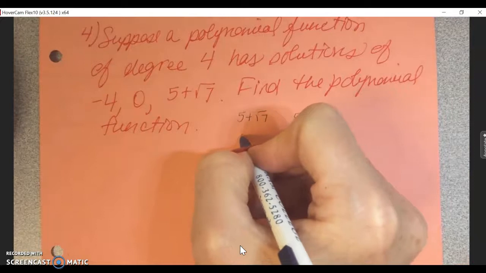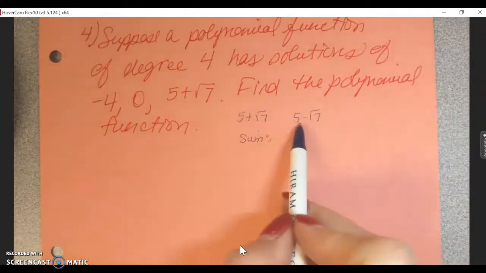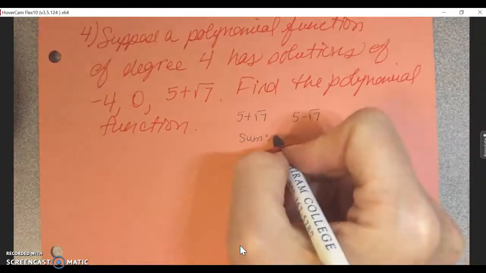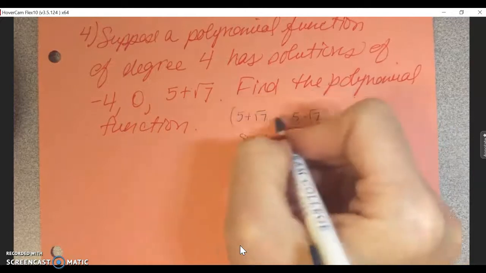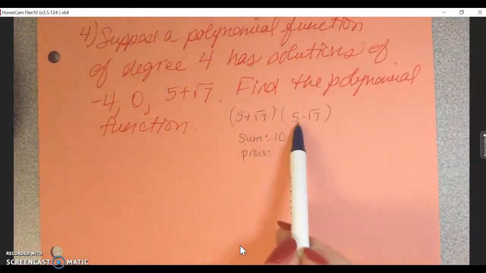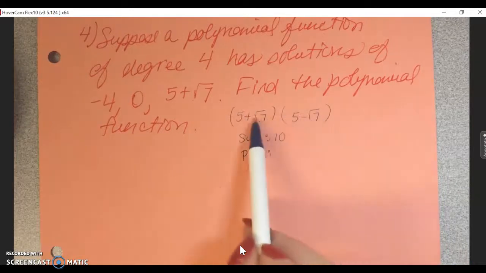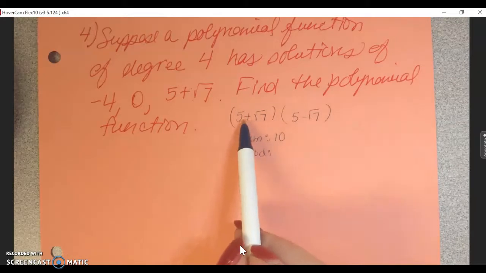And so what is the sum? If I add those two, what are we going to get? 10 is right. Okay, the product, this is a little tougher. We have to FOIL this out. 5 times 5. Now what is always happening to the outers and inners on this? They're canceling, aren't they? Think about what the product is going to be then.